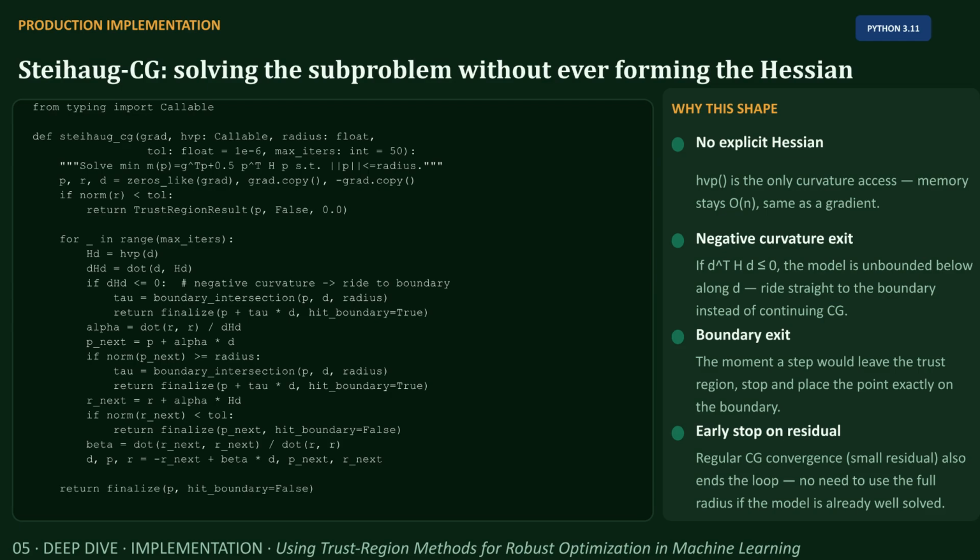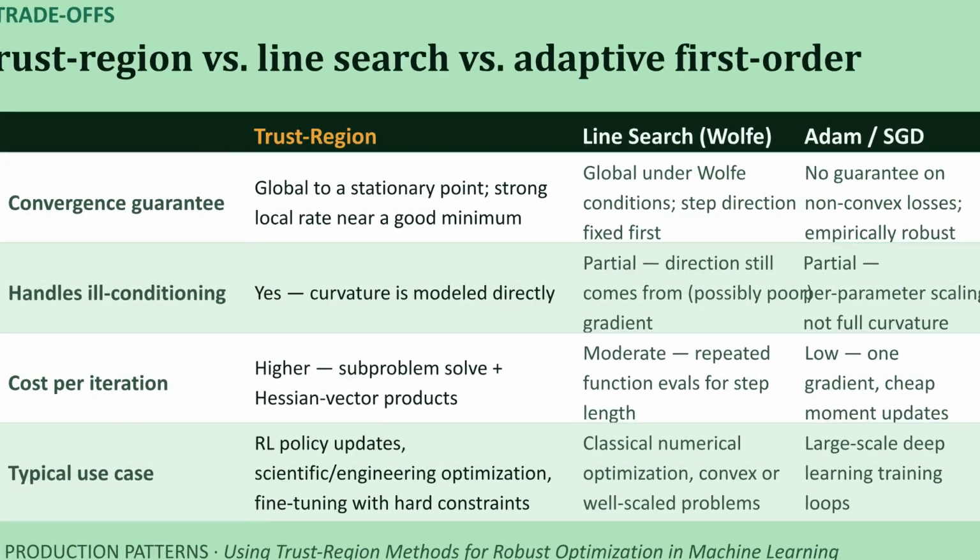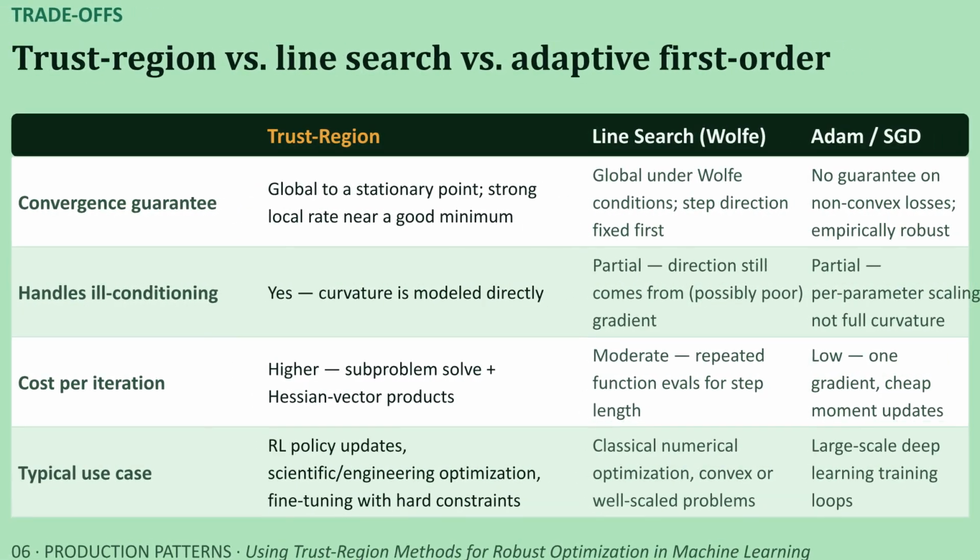Now that we can solve the subproblem, let's look at how this actually stacks up against the optimizers most teams reach for by default. Trust region methods, line search, and adaptive first-order methods like Adam and SGD, how do they actually compare? On convergence guarantees, trust region methods have well-established global convergence to a stationary point with a strong local rate near a good minimum.